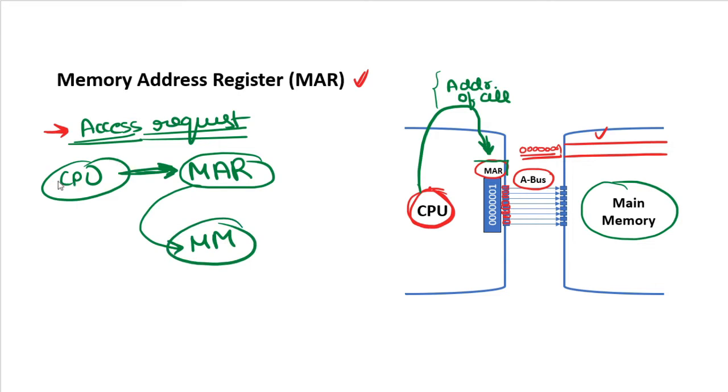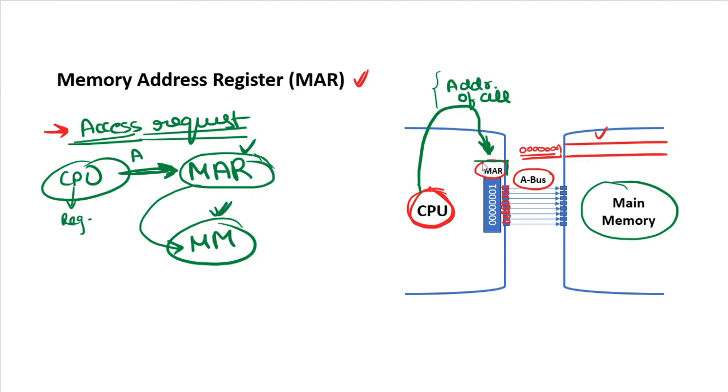It can be any register in the CPU. The address will pass from any register in the CPU to the memory address register whenever an access is supposed to happen, and the memory address register will pass this to main memory.